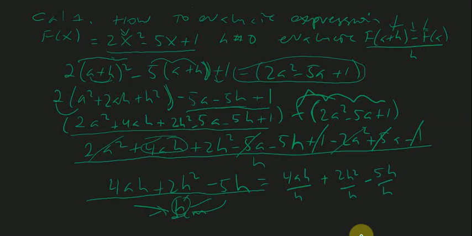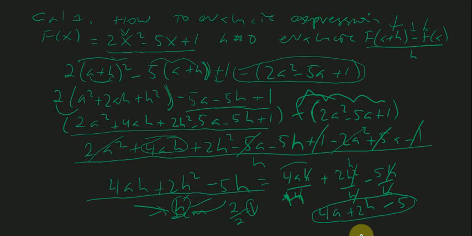What do you see here? 4ah divided by h: if I have 2 divided by 2, I get 1, so h divided by h gives 1, and 1 times 4a is 4a. Then we have 2h squared over h, so you will have 2h left. And minus 5h over h cancels again, leaving minus 5. This is your final answer.